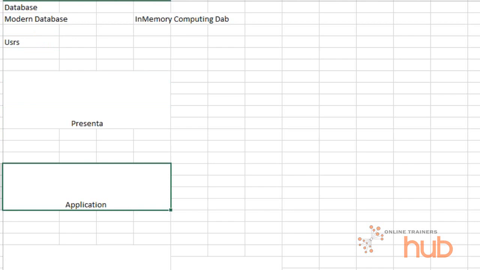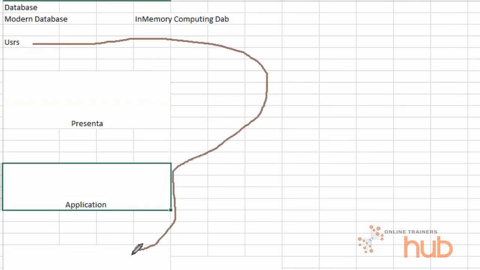Now, one thing we need to understand is that these users cannot directly access the information present in the database. To access this information, they need to get it from the database into the application layer, and this application layer is hosted in RAM, which is your primary memory.